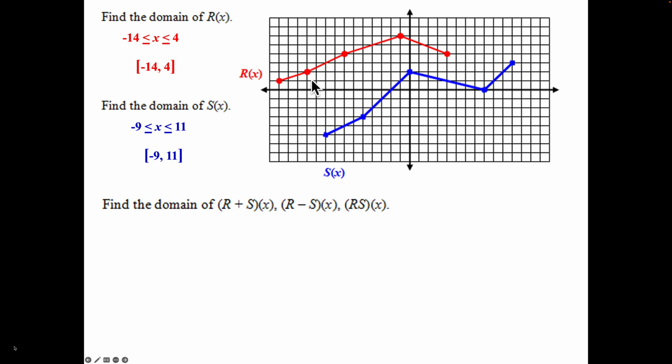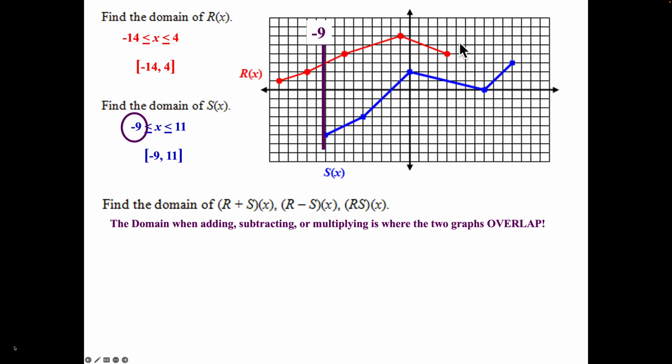There's nothing to be able to add together. Or vice versa, if I'm way over here, and here's the point 8 on the blue graph, 8, 0, and I want to find a point on the red graph for x equals 8, there's no point, then there's no y coordinates to add.